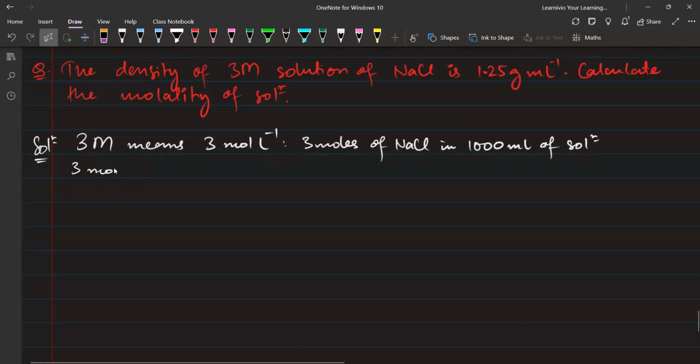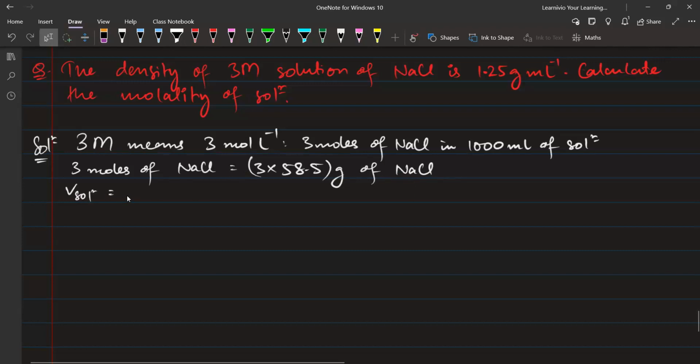3 moles of NaCl will be equal to 3 into 58.5 grams of NaCl. Correct. Volume of solution will be equal to 1000 ml of solution, right?